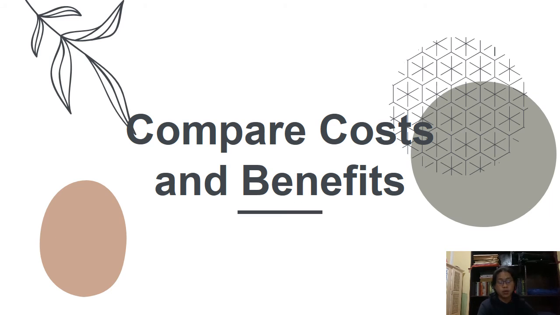Okay, now the third and last step in applying the cost-benefit analysis is to compare the costs and benefits identified in the first two steps. The two most common methods used for evaluating information systems are net present value and payback.